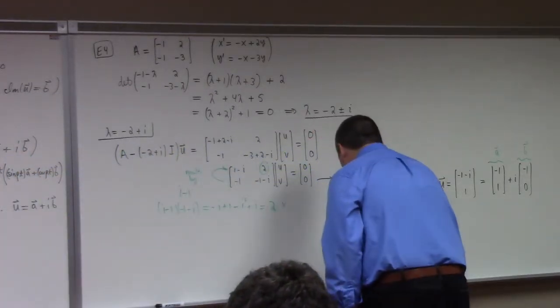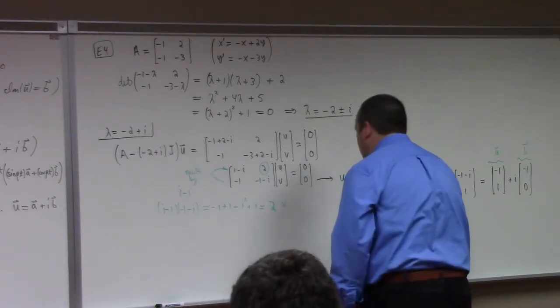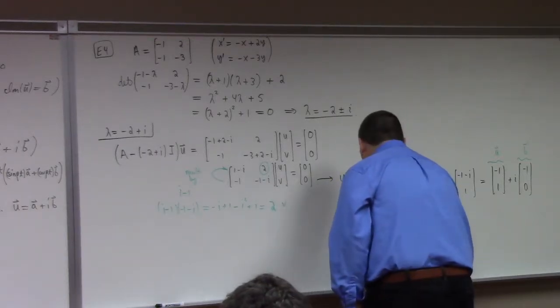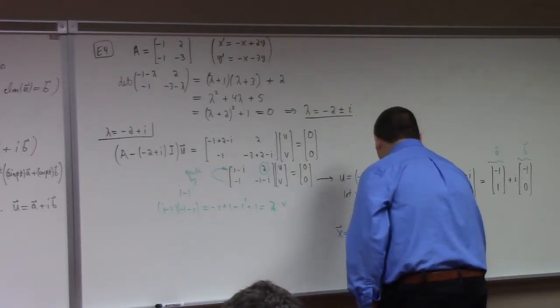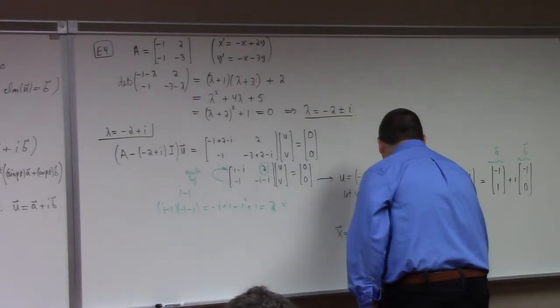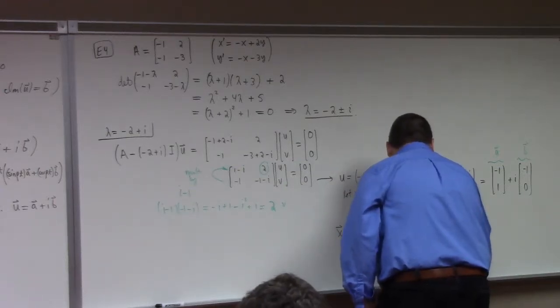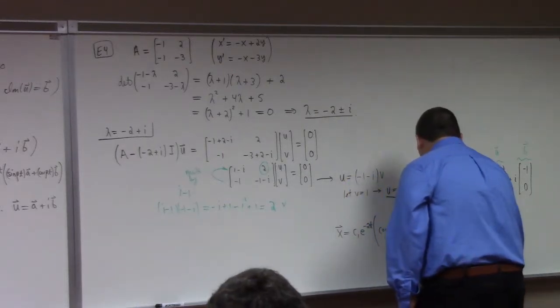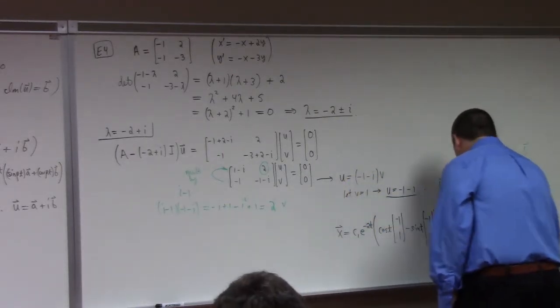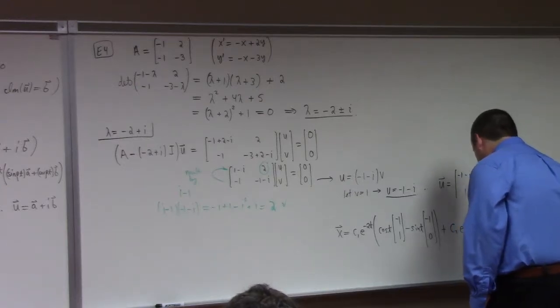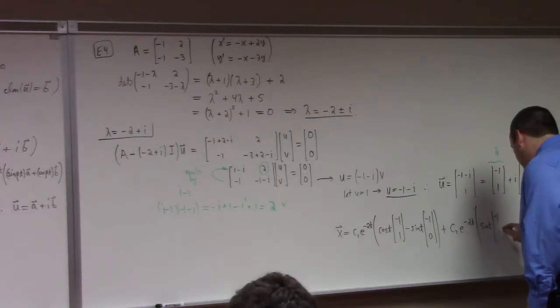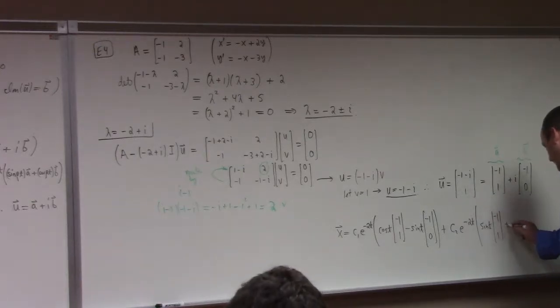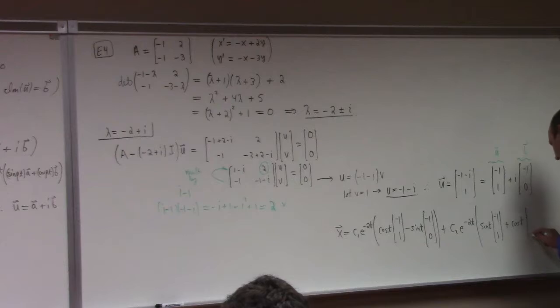So x equals c1 e to the minus 2t, cosine t times minus 1, 1, minus sine t times minus 1, 0, plus c2 e to the minus 2t, sine t times minus 1, 1, plus cosine t times minus 1, 0.